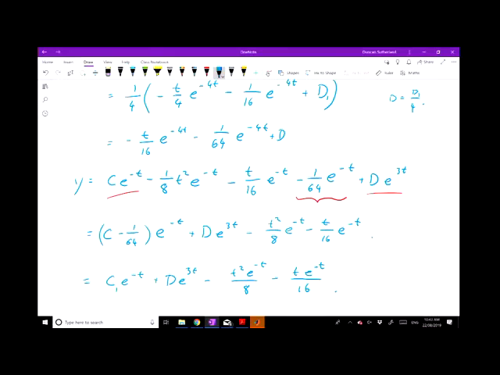I've got a c times e to the minus t, sorry. I note that c, an arbitrary constant, minus 1/64, is still an arbitrary constant. So I have eaten my arbitrary constant. If you wished, you could stop here. That's perfectly acceptable. But when you do your undetermined coefficient solve, you may find a bit of a surprise.